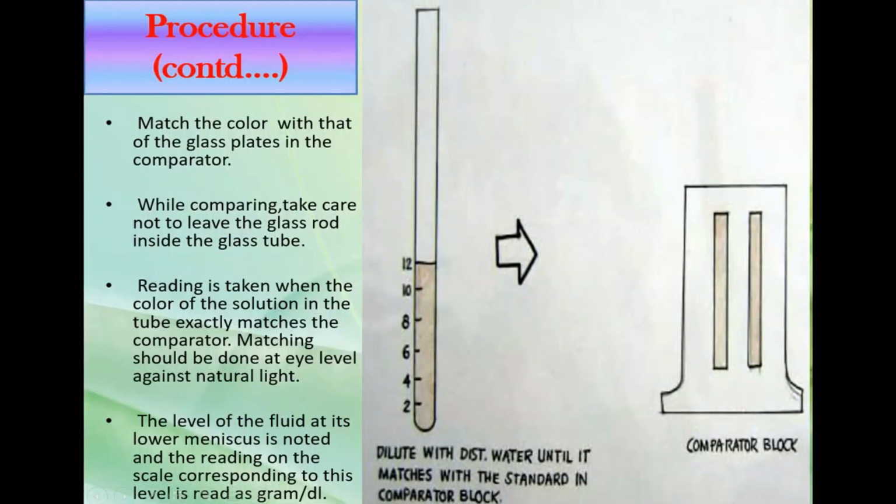And see here, this one is the comparator block, and this is the sample diluted with the distilled water. If the color is the same, we will place this in this place and compare the color. If the color is the same, then we can read the reading.